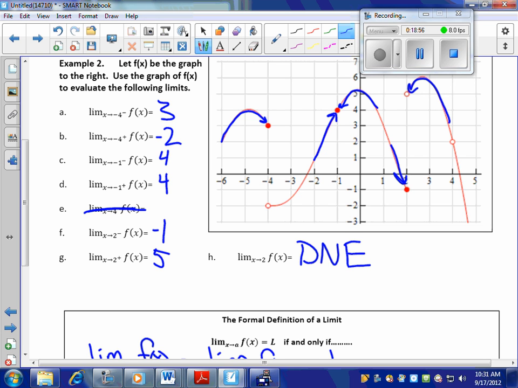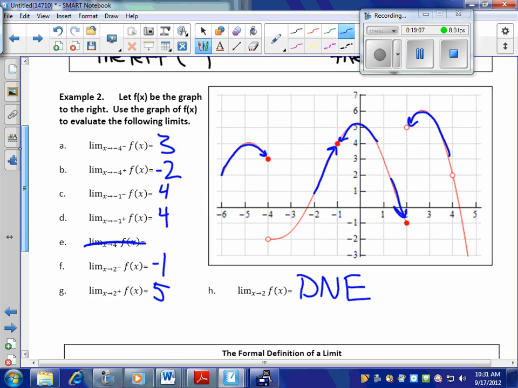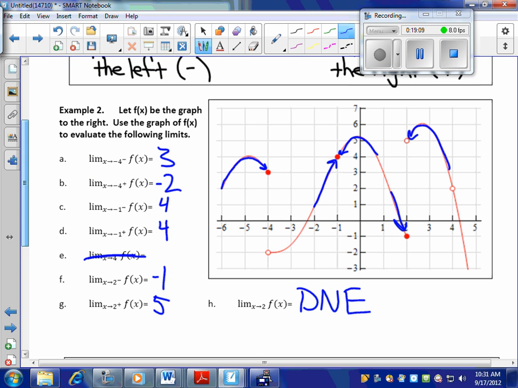No. So, as you notice, down here at the bottom of the notes, I put something important. Note that f of a, when you plug in that value, does not have to be the same. For example, let's just change this function slightly. We'll have an open circle there, but we'll actually close it there. As you plug in 4, you get a value of 6.